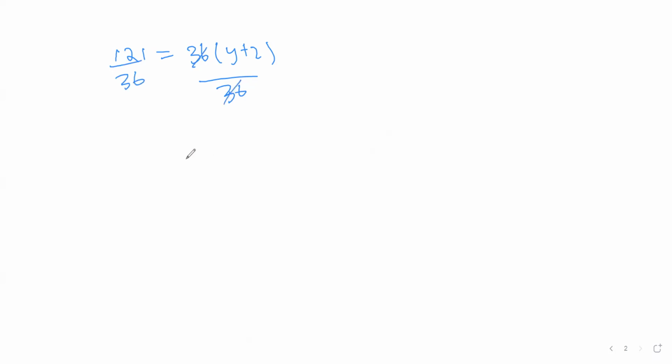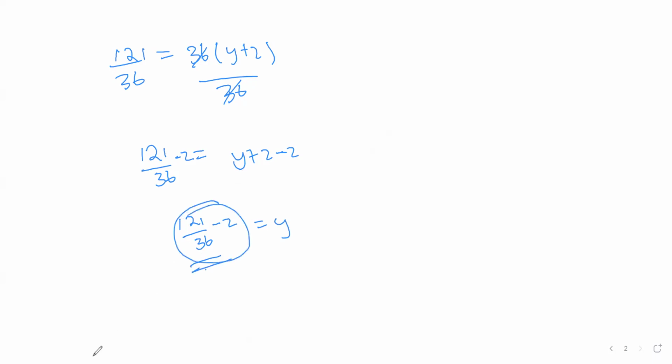This cancels. 121 over 36 is equal to y plus 2. Then we isolate y by subtracting 2 on both sides. It becomes 121 over 36 minus 2 equals y. You can then simplify that using your calculator to get the answer for y.